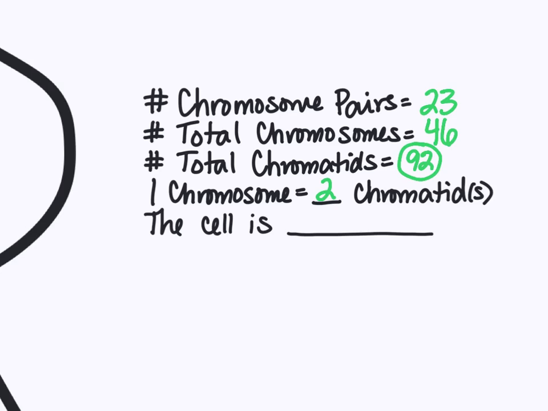Now the cell is still diploid, and it's diploid because we still have paired chromosomes, and those paired chromosomes are the homologous chromosomes. So up until this point, mitosis and meiosis are exactly the same.